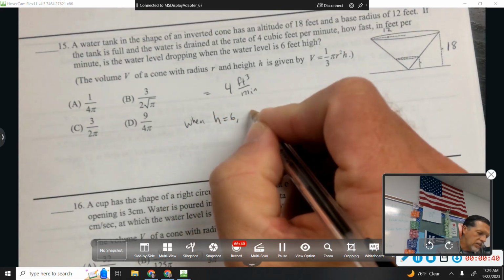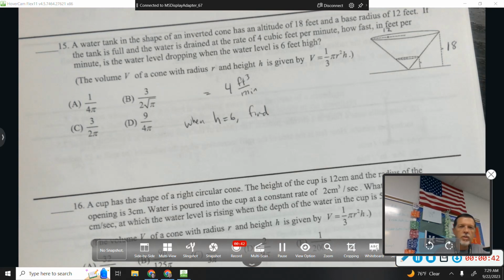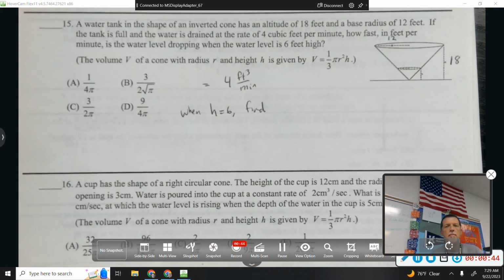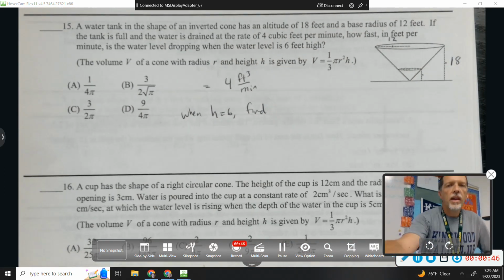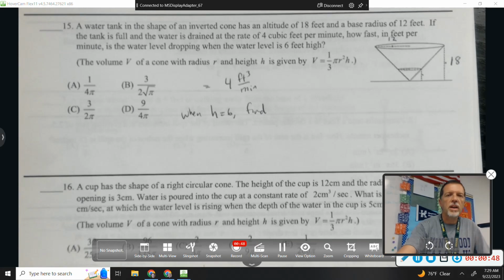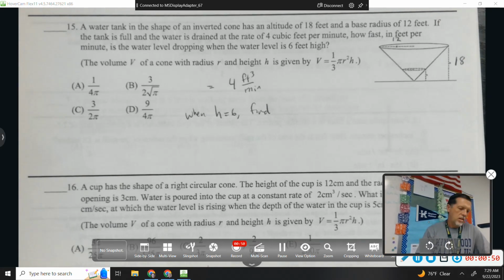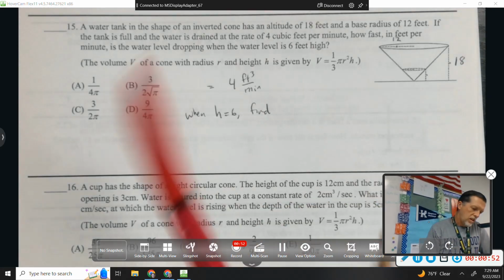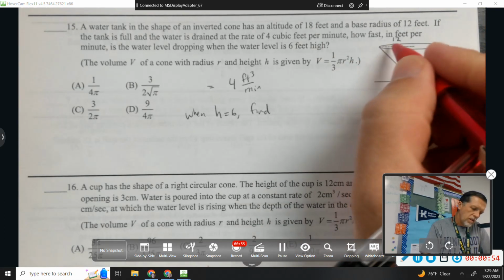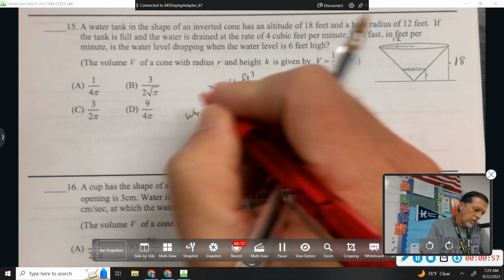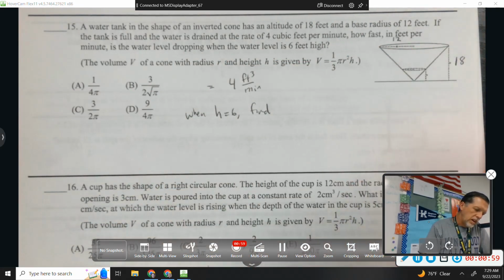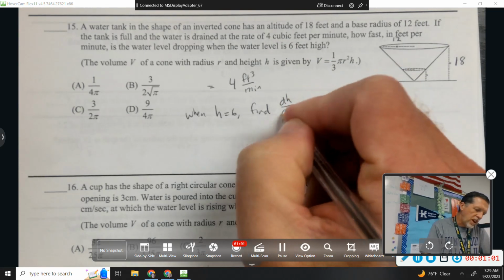So when h is 6, what are we looking for? How fast is the water level dropping? So that would be dH/dt, the change in the water level.